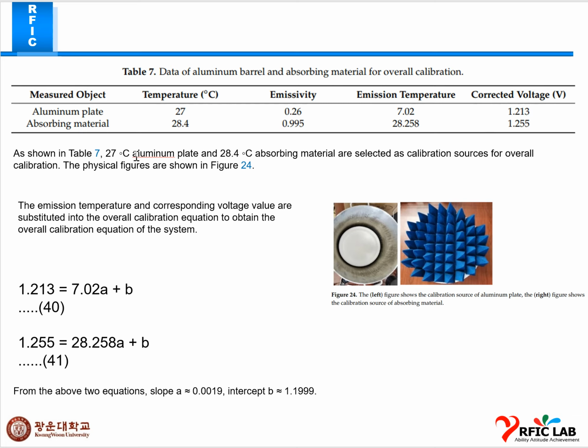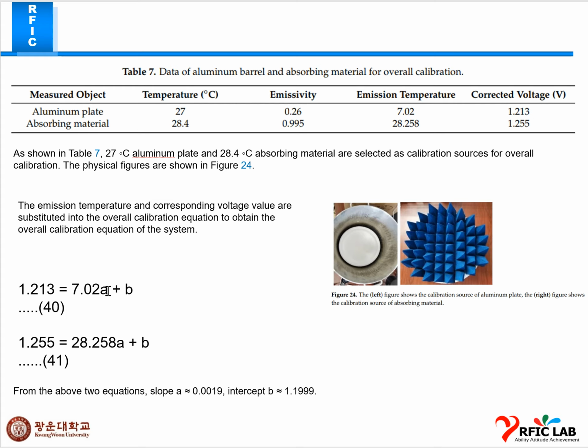In this we had emission temperature and corresponding voltage value, and we have one equation using emission to find A, and this is the overall calibration equation, and voltage has been used.